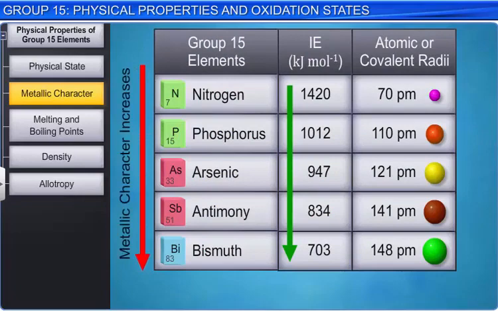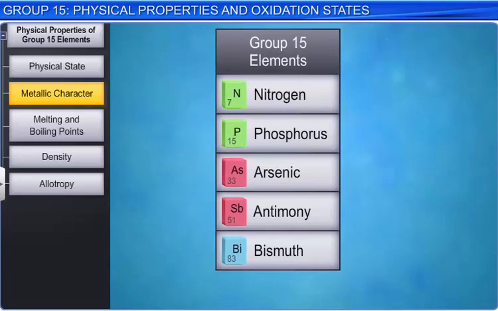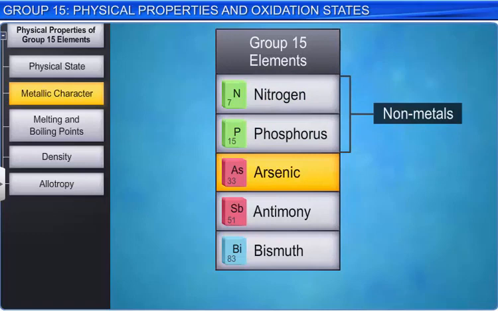The first two elements of this group, nitrogen and phosphorus, are nonmetals, and the next two, arsenic and antimony, are metalloids, while bismuth is a typical metal.